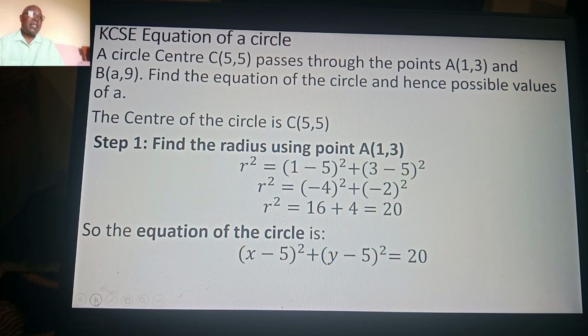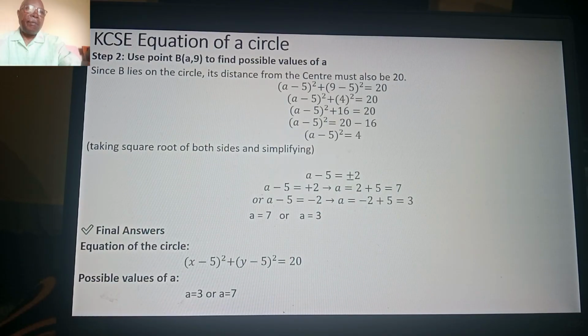You get r squared is equal to negative 4 squared plus negative 2 squared, which reduces to r squared is equal to 16 plus 4, which is 20. So the equation of the circle is x minus 5 squared plus y minus 5 squared, that is subtracting the coordinates of the center, is equal to 20.